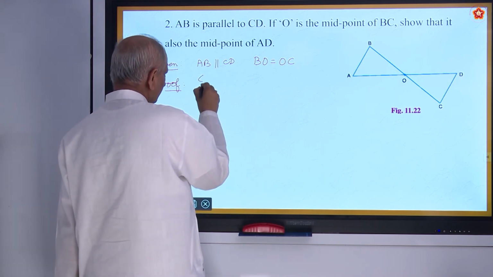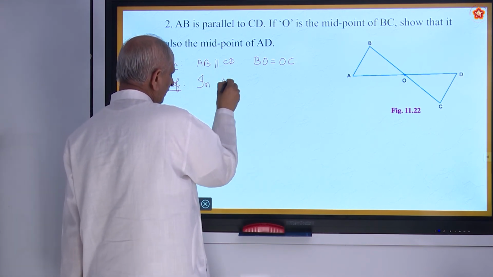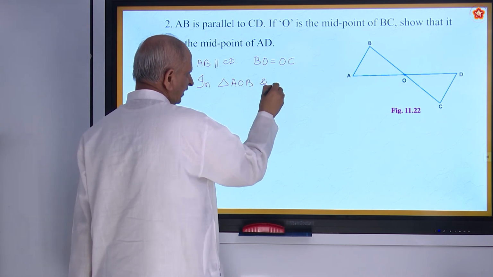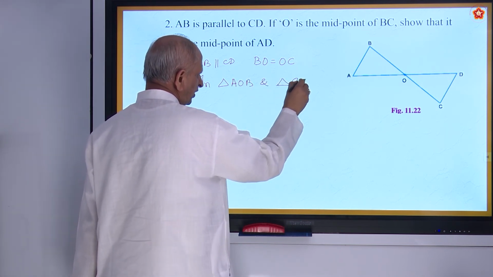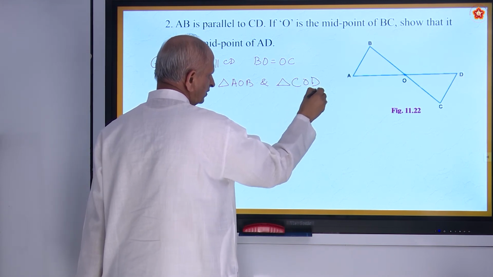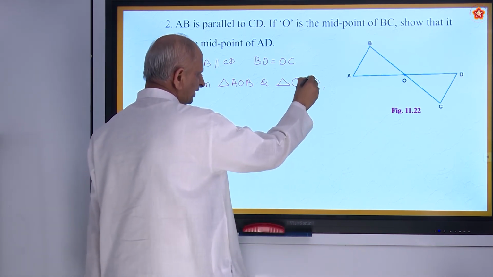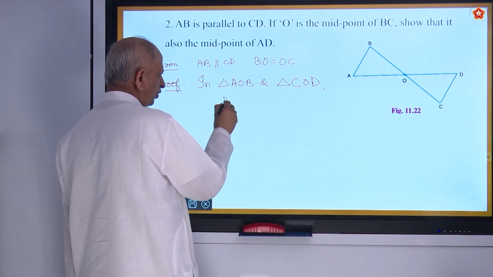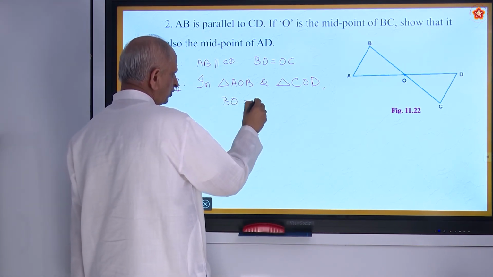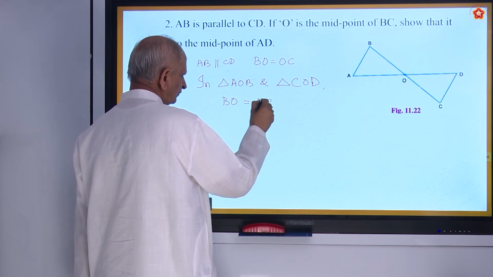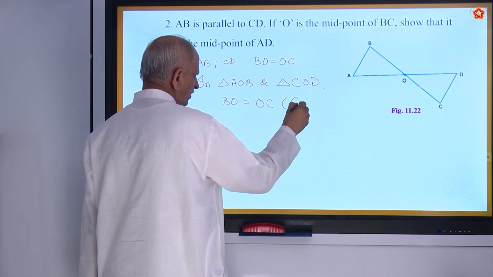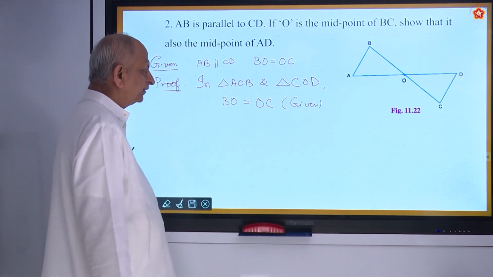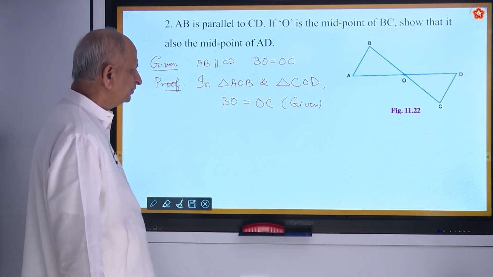Yes, in triangle AOB and triangle COD. What are the sides equal? You are given BO is equal to OC. That is given. What else can you prove?